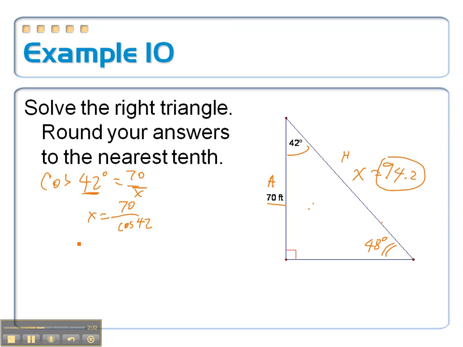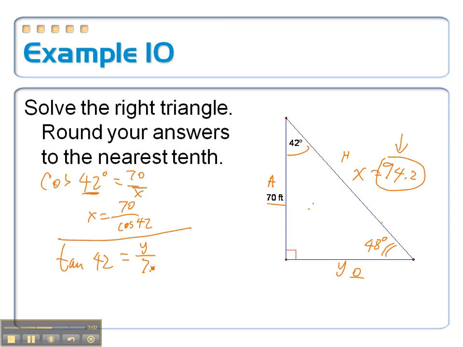Okay, so now let's find what is the opposite side. So still using the 42, I don't want to use this number right here because it's rounded. We want to use the 70 that we're given in the problem, so we're going to use opposite over adjacent, which is the tangent ratio. So the tangent 42 equals the opposite, this time y over 70.